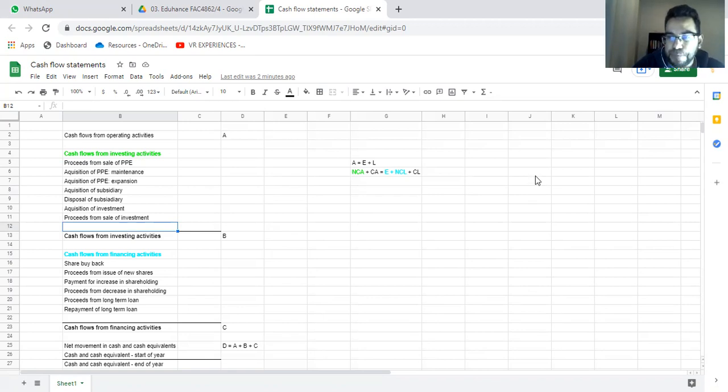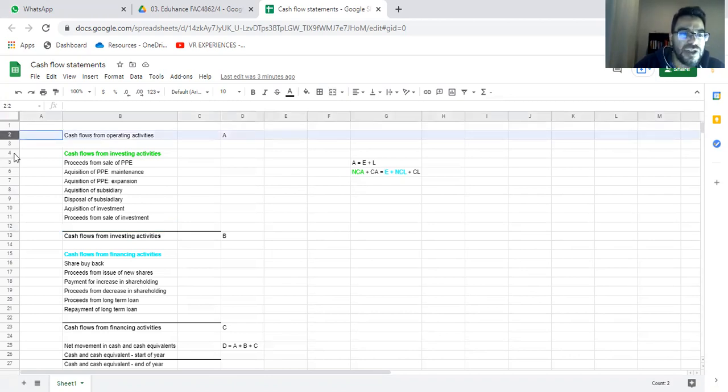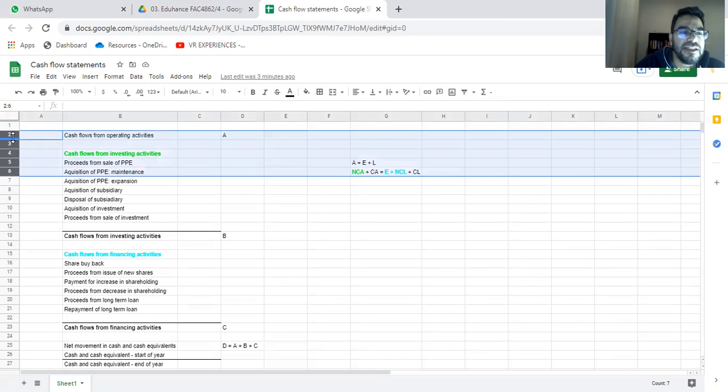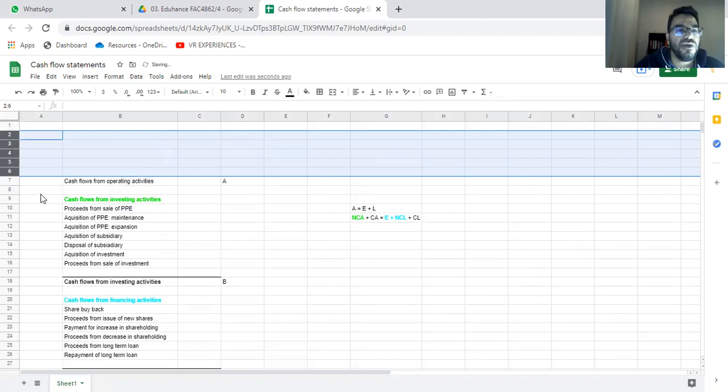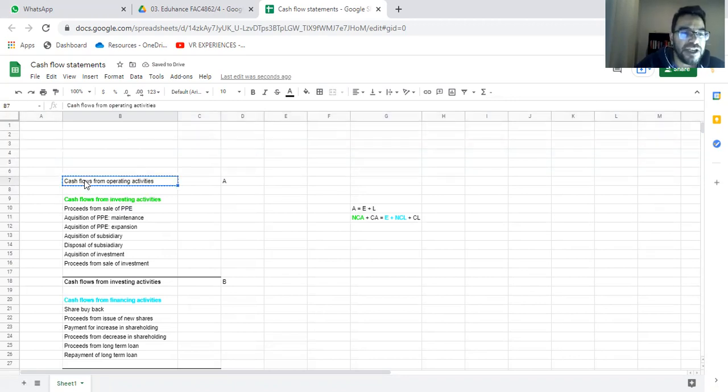So now we come to the last part, which is cash flows from operating activities. Cash flows from operating activities is broken up into two sections.